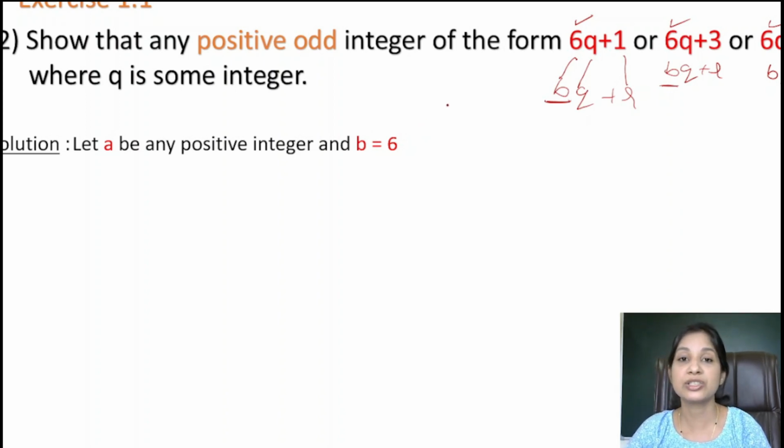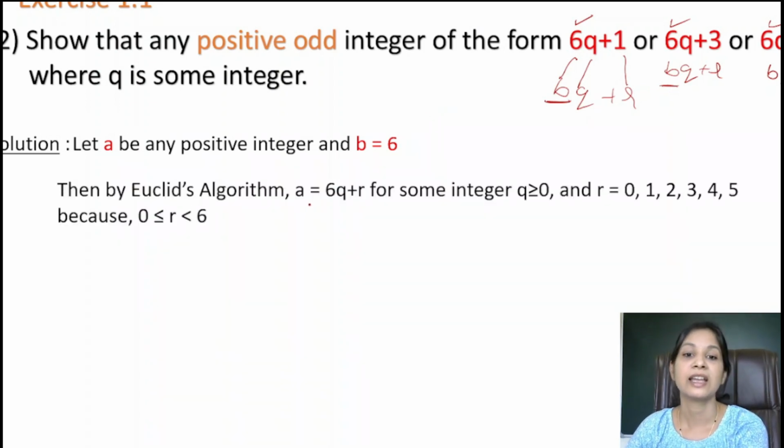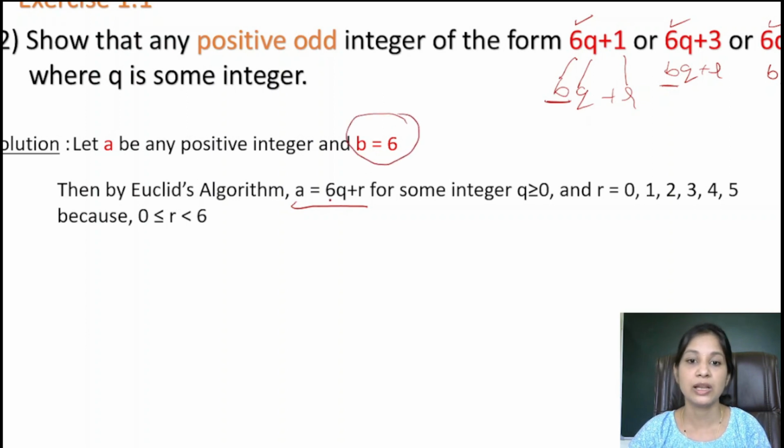Then by Euclid's division algorithm, how can we write this? a is equal to bq plus r, that is nothing but a is equal to 6q plus r. I just substituted this value in place of b. That means a is equal to 6q plus r, for some integer q greater than or equal to 0 and r is 0, 1, 2, 3, 4, 5.